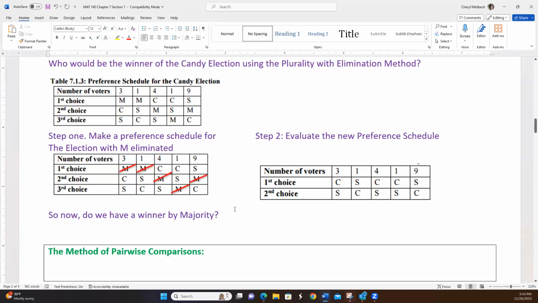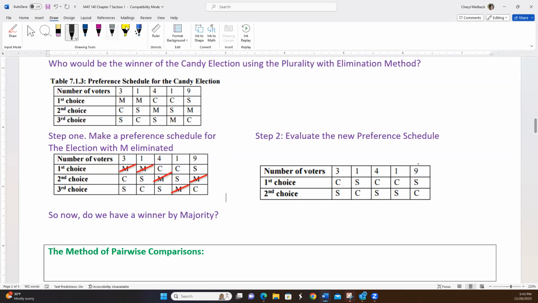So now we count and see who has the majority. If we count first place votes, C has 3 plus 4 plus 1, or 8.